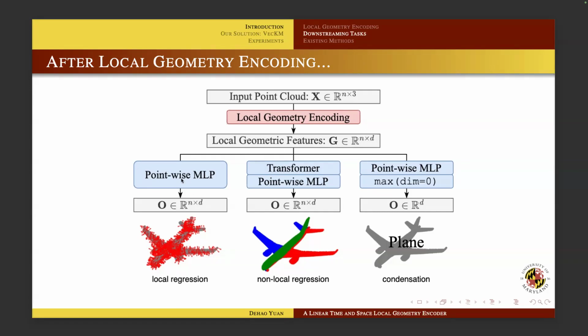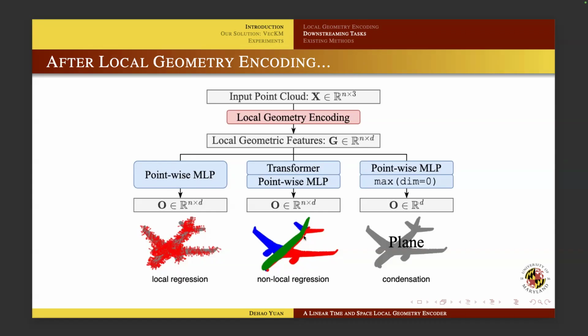First is a point-wise multi-layer perceptron, with which you can do local regression. A typical example would be normal direction estimation. As you can see in this figure, each point has a normal direction. The local geometry encoder can be used to predict the normal direction by using the point-wise multi-layer perceptron.